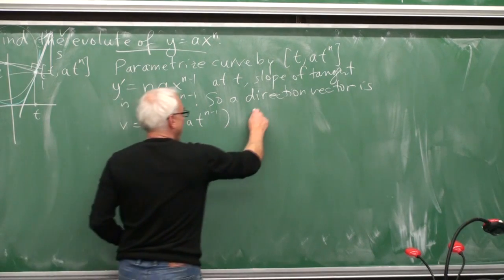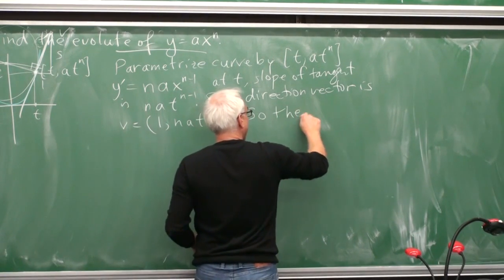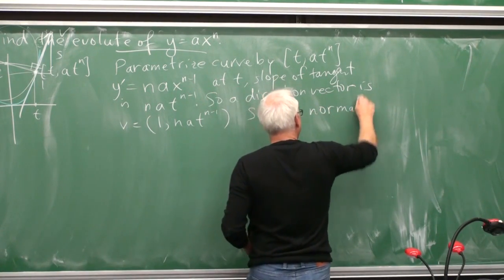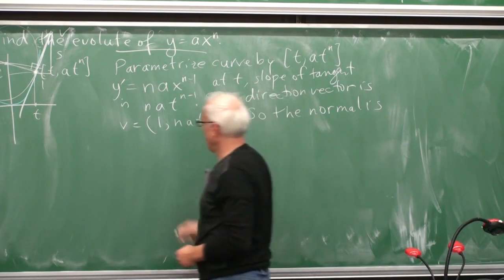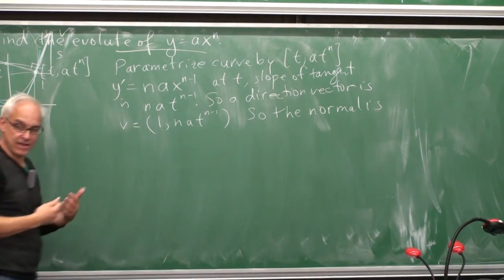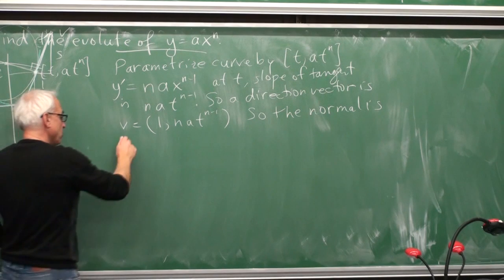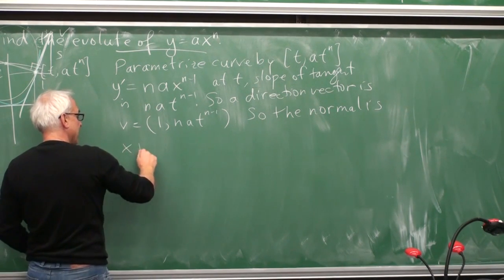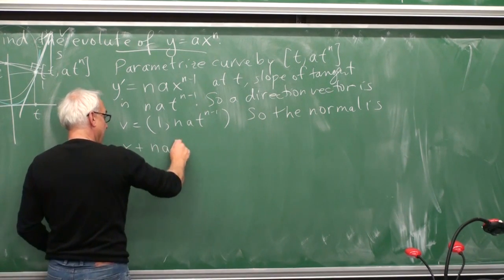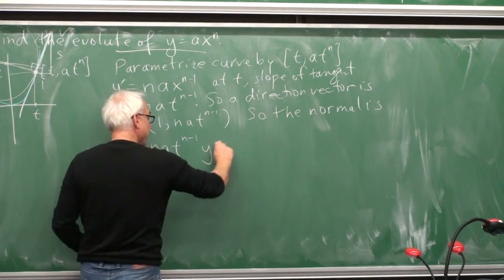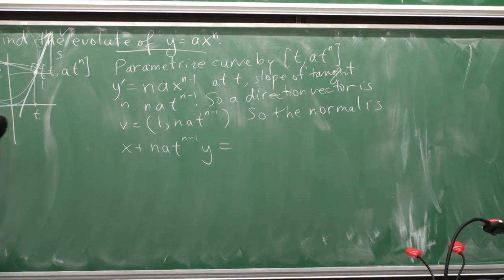So the normal has equation, well, we're just going to take this vector and take the dot product with x and y. So 1 dot x is x, plus this dot y is n a t to the n minus 1 y. And that's got to be equal to something. And what's it got to be equal to? Well, it's got to be a line that goes through the point that we're talking about.